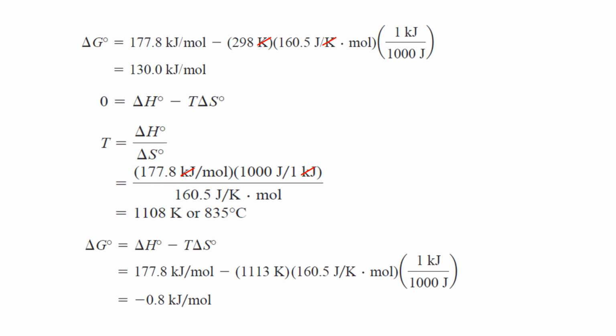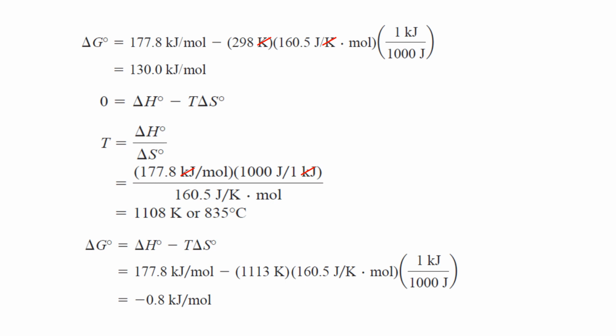So to obtain a negative value of free energy, we use a temperature that is higher than this temperature. So let's say we add 5 Kelvin. Let's make this 1113 Kelvin.